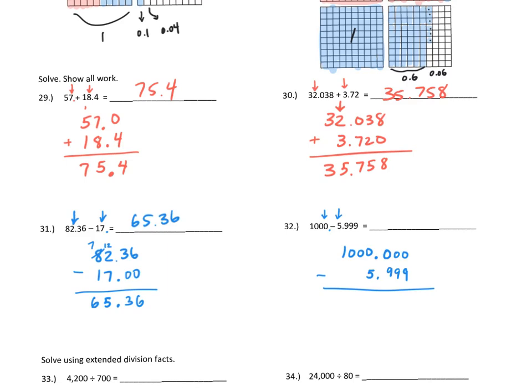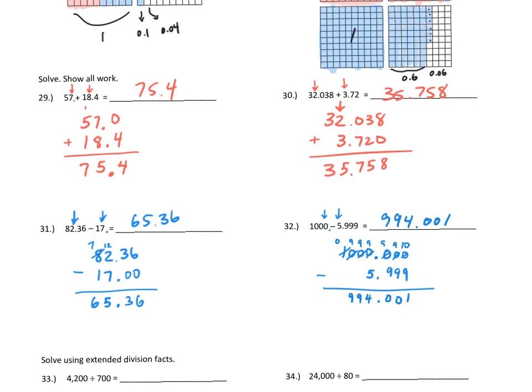And obviously I'm going to have to do quite a bit of regrouping here. This 1 becomes a 0. These all become 9s, and then the last one will become a 10. 10 minus 9 is 1, and then I have a couple of zeros, a 4, a 9, and 9. So I have 994 and 1,000th.